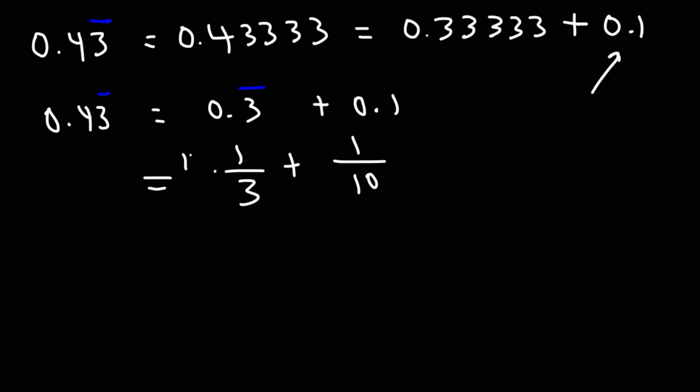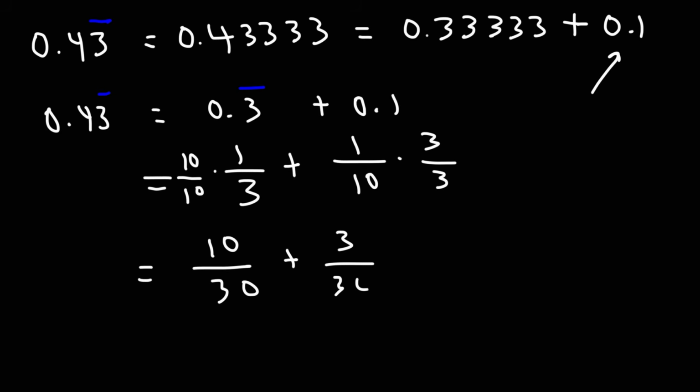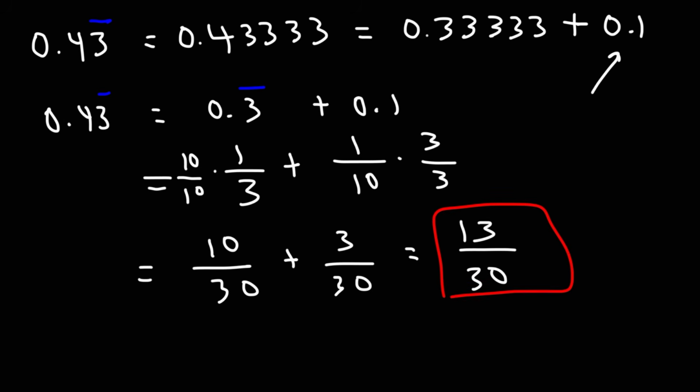So let's multiply this one by 10 over 10 and the other one by 3 over 3. So we get 10 over 30 plus 3 over 30, and this becomes 13 over 30. If you type this in your calculator, 13 divided by 30, you're going to get 0.43 repeating. So that's how you can check your work.